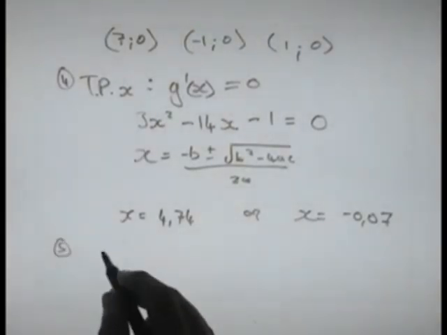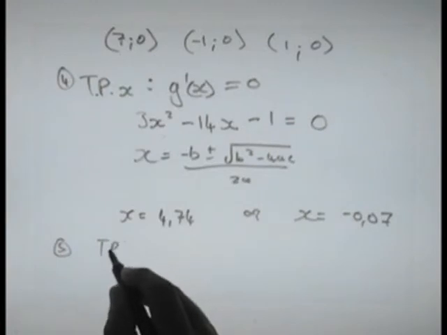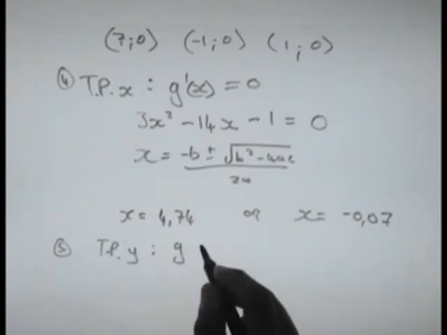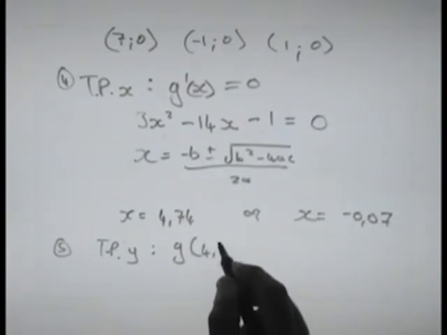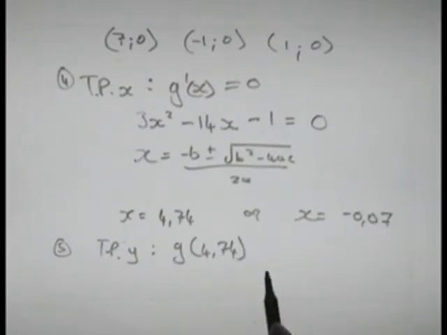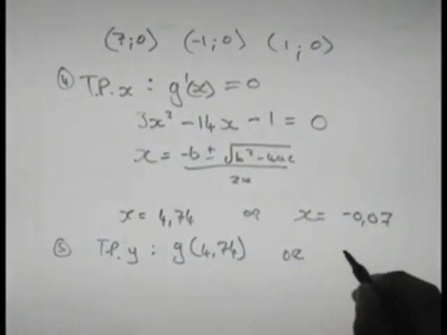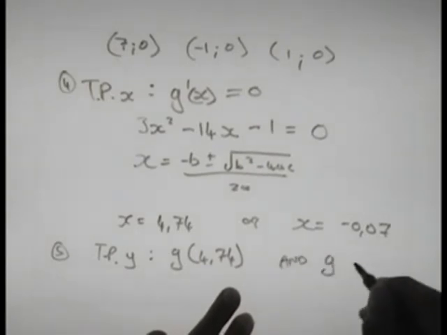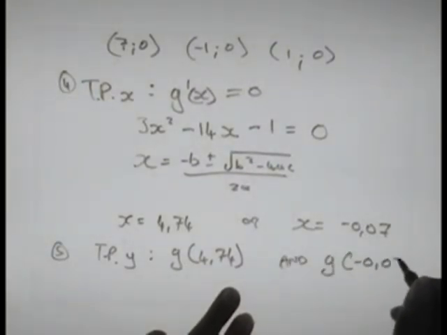Step 5, we need to get our corresponding y values of the turning point, which is going to be given by g of 4.74, not g dash, g of 4.74, and g of negative 0.07.